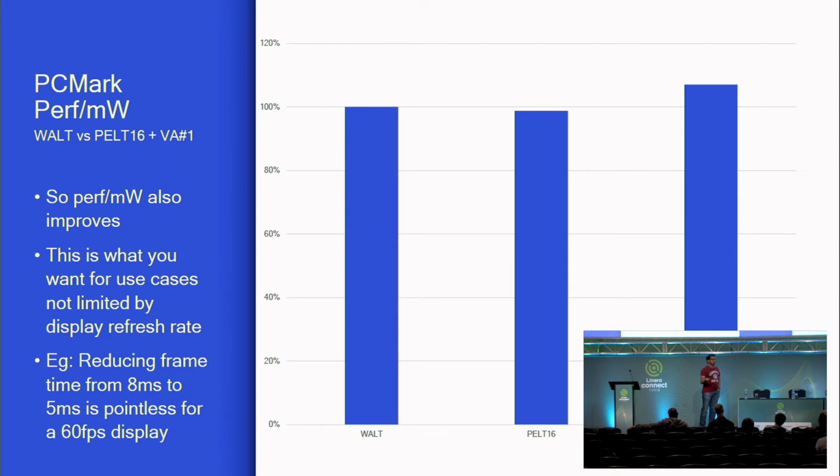That's generally not the case. For example, if your display is frame rate limited to 60 frames per second, reducing the frame time from 8 to 5 milliseconds is higher performance but has no practical impact. In those cases, you might choose to run at a lower efficiency point, because the overall power you use is still lower compared to a higher efficiency point. But going back to this particular use case, this seems like a good change.